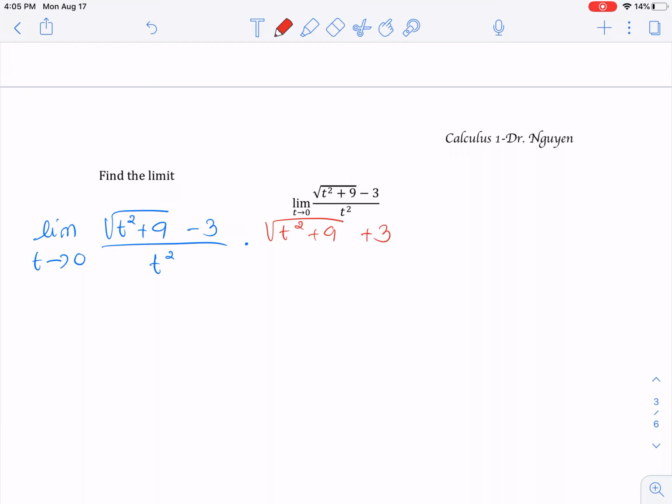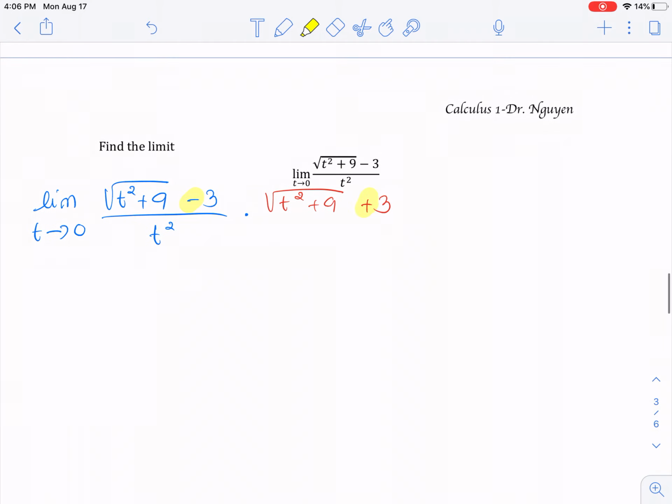Okay. So hopefully you remember. So that's a minus, so this one has to be a plus. Once you multiply the top, you have to do the same thing for the bottom. Okay. And hopefully you remember, if you multiply the conjugate, you end up with a squared minus b squared, right?